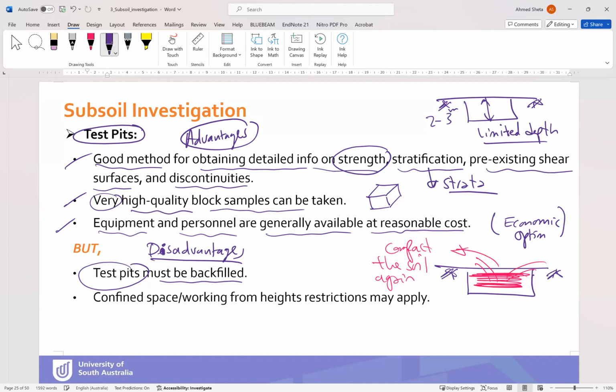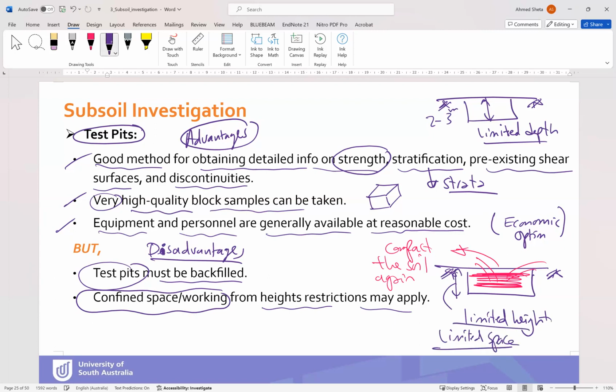Also, the working space is confined. The space is not enough to work, and height restrictions may apply. Due to limited height, you will have limited space to work.